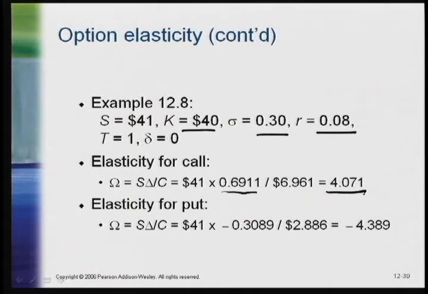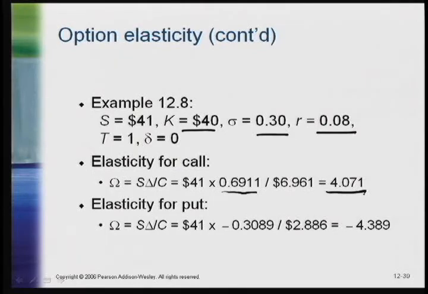So it'll change from $6.96 to that plus 4% of that, which would be about 25 cents. Okay, so it's a different measure, reflects the same idea, but it calibrates this relative sensitivity in percentage terms.